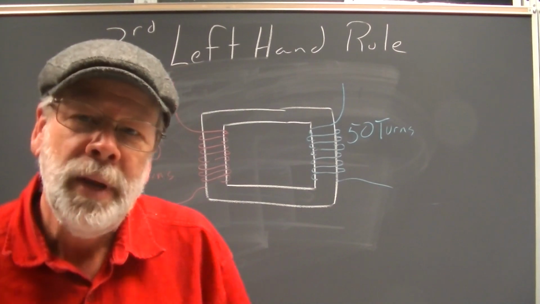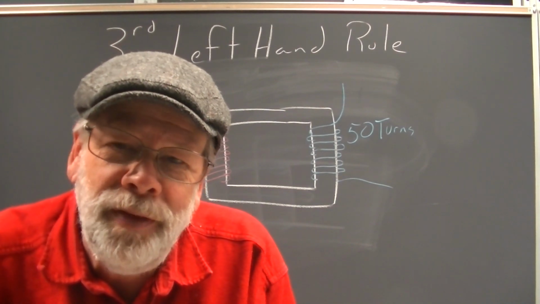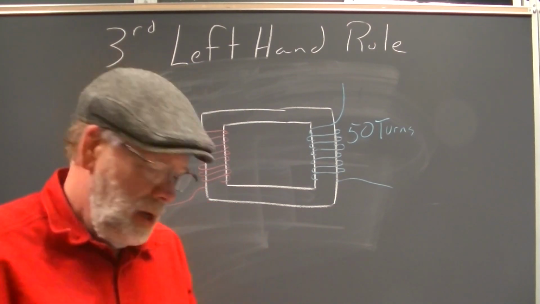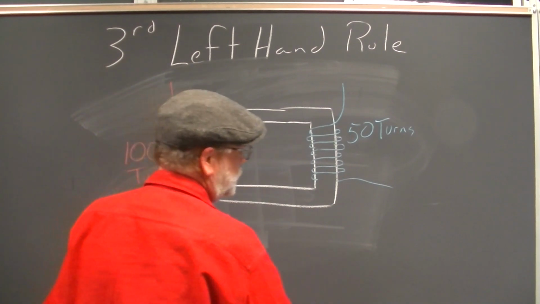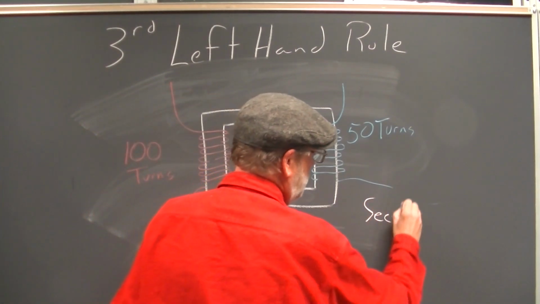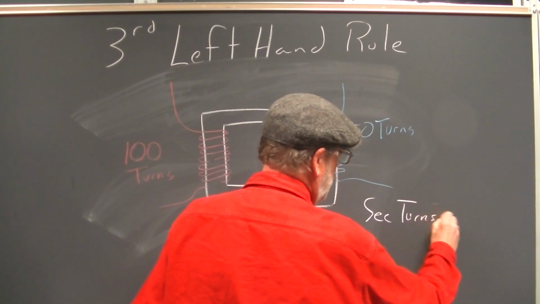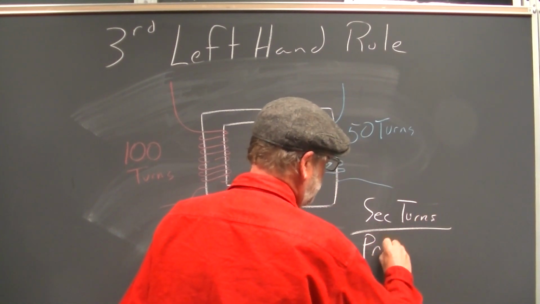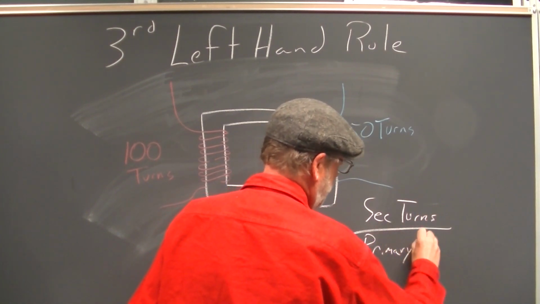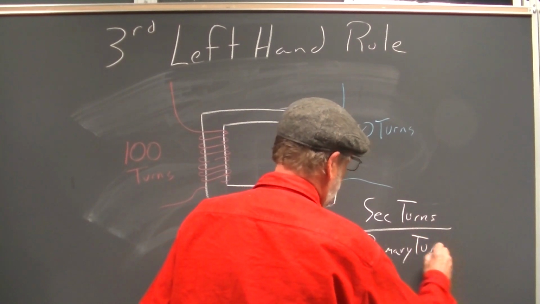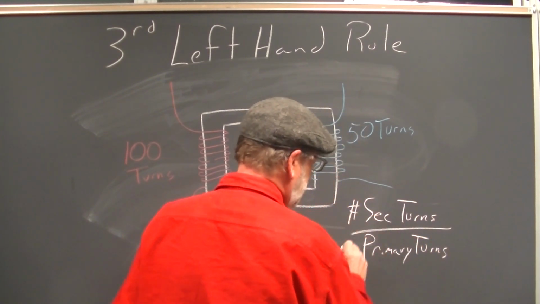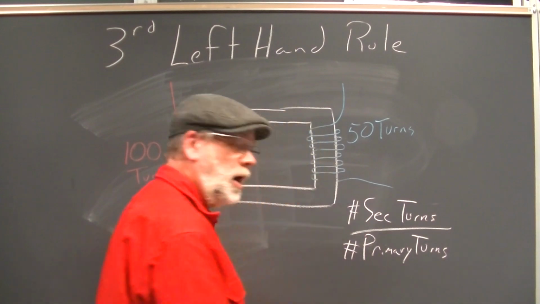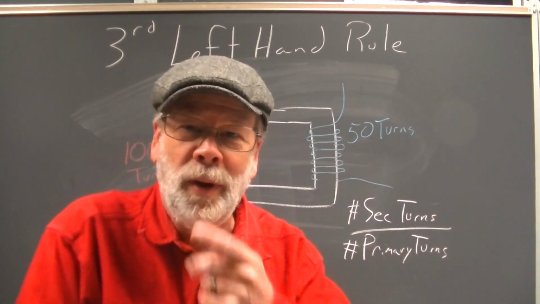Pretty cool. But the voltage is key, and we get the voltage by this equation: the secondary turns divided by the primary turns, and this would really be the number of secondary turns over the number of primary turns. Well, what happens here?